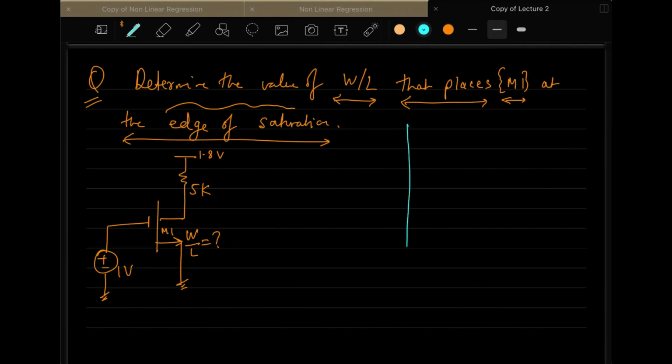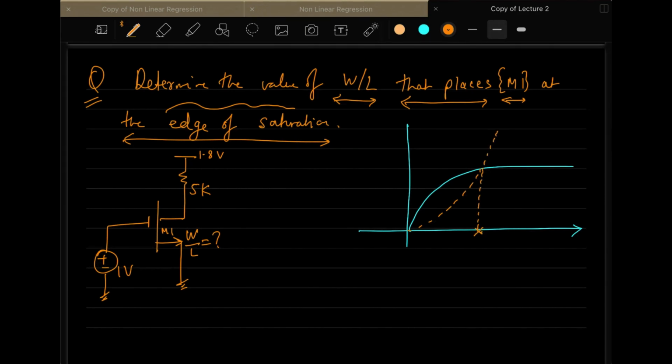When you draw the MOSFET characteristics like this, what does edge of the saturation mean? Edge of the saturation means this boundary, this point.